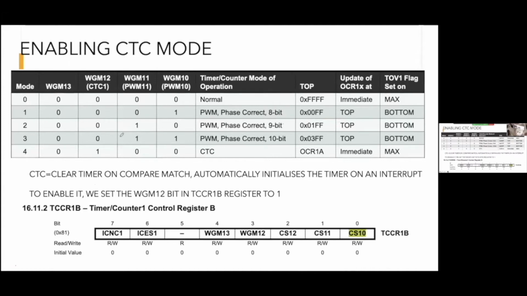So next we want to enable clear timer on compare match. Why do we want to enable this? Let's say that we want the timer to count till 4,000 and throw an interrupt at 4,000, right? But once that interrupt happens, this timer should be initialized to 0 again, so that it starts counting from 0 to 4,000 again. What CTC mode does is that we don't have to manually initialize the timer counter to 0 again and again.